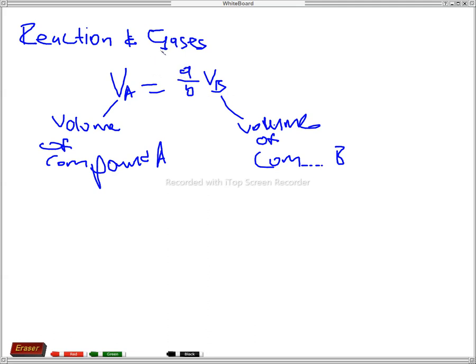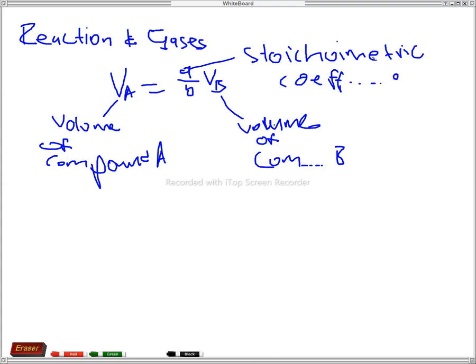So when we move to this one, a is the stoichiometric coefficient of compound A, and then automatically b is going to be the stoichiometric coefficient of compound B, since it's B, you understand?